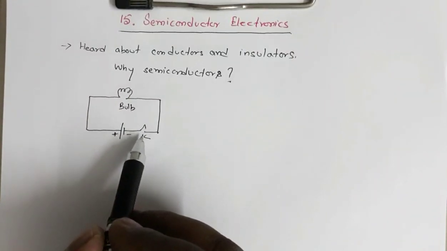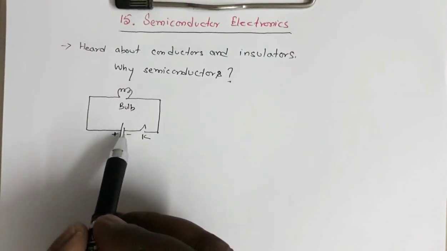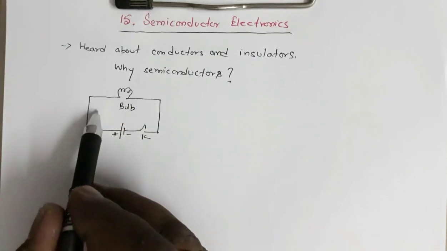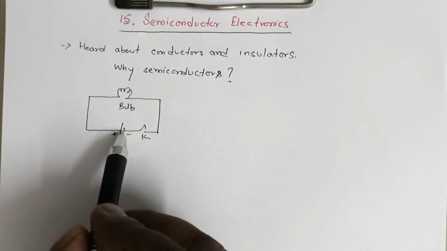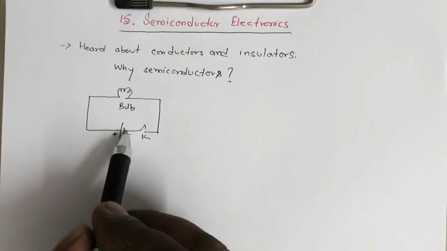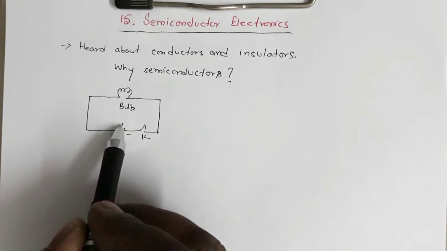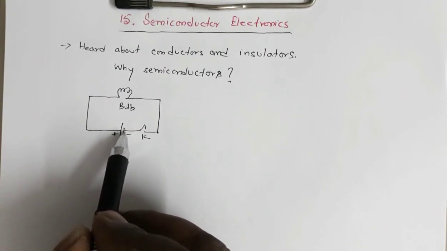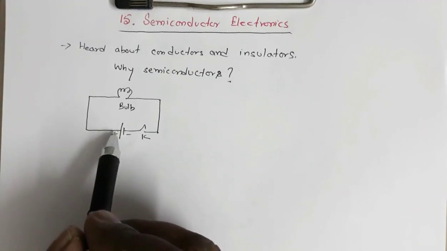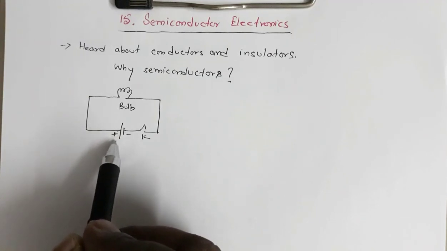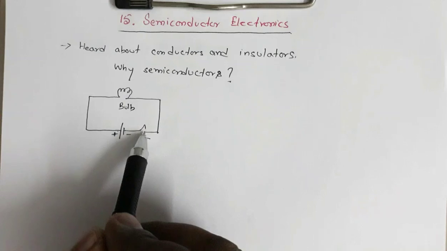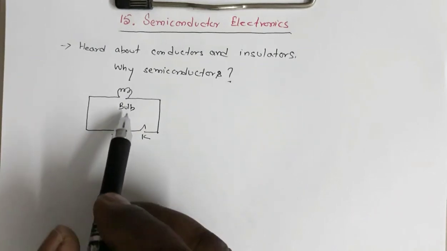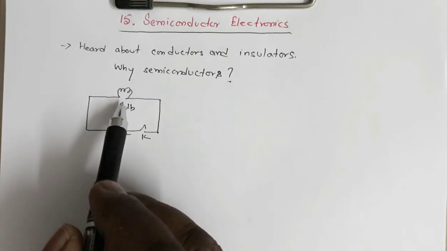Now the moment the key is closed, there will be a potential difference across the circuit and there will be a flow of current. Now if the polarity of this battery is reversed, so that this side you have negative potential and this side positive potential, and again the key is closed, this bulb will glow again.